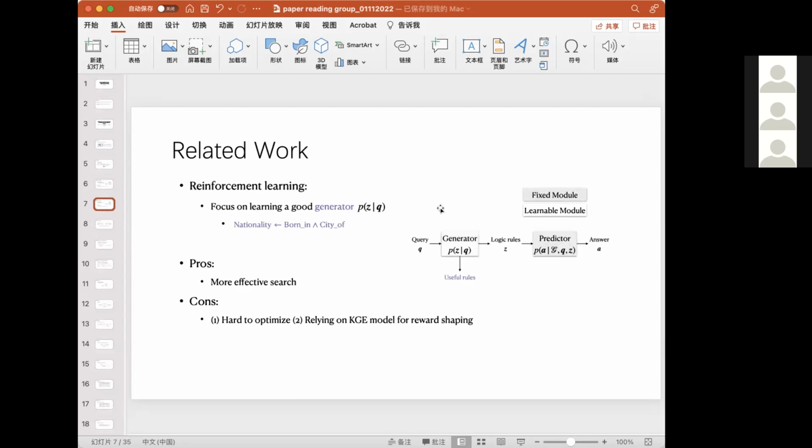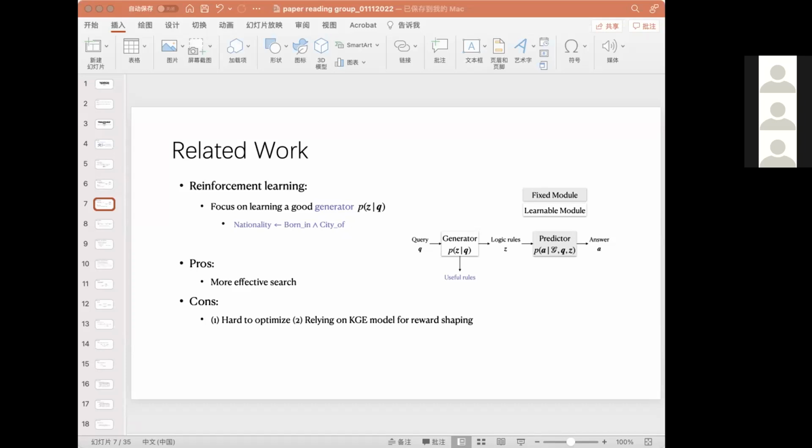The second direction for logical rule learning is the reinforcement learning based approach. Different from the previous approach, this approach focuses on learning a good generator. The general idea is to train a pathfinding agent that searches for reasoning paths in the knowledge graph in order to answer the query.